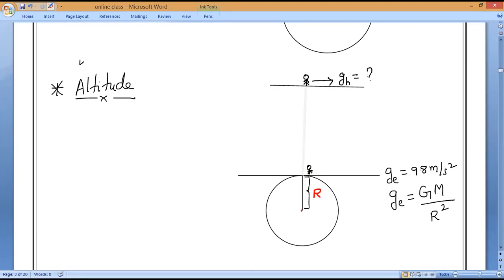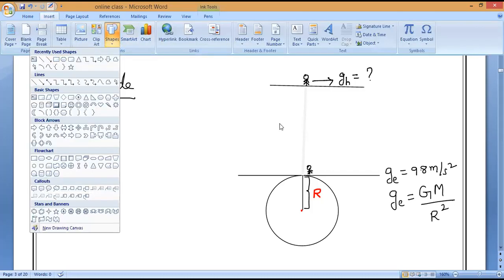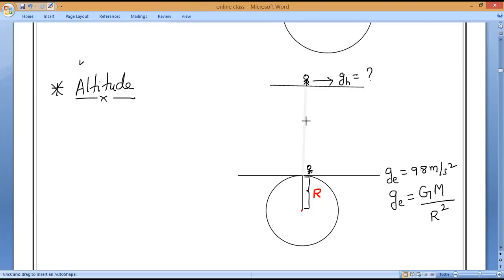So, how to find it? Anybody can tell me? Mitakshri, Hari, any guess, please? I want to teach you only this today. If you know the radius, we can do it, no, sir. Yes. Now, observe very carefully. What is adding here?